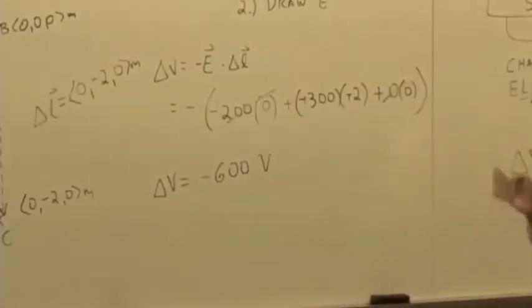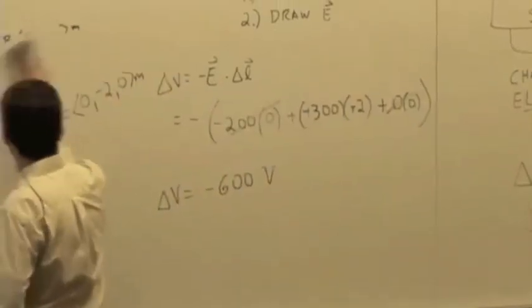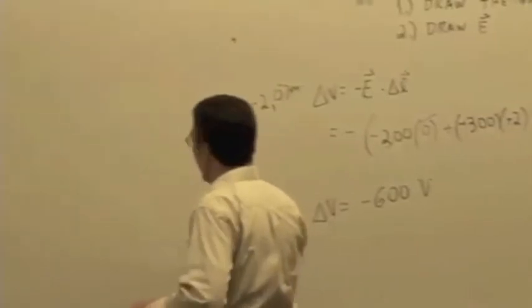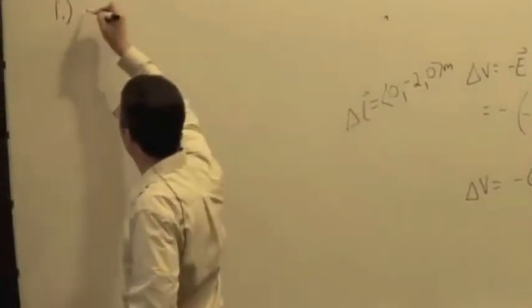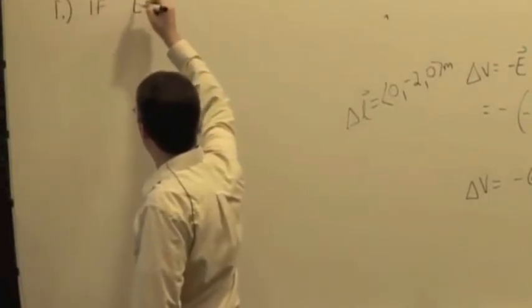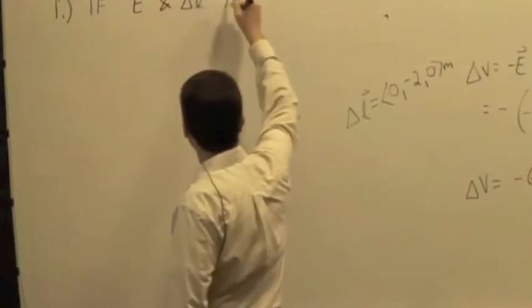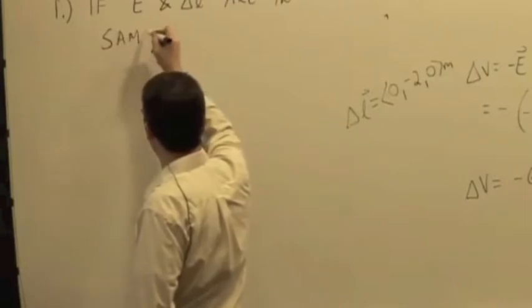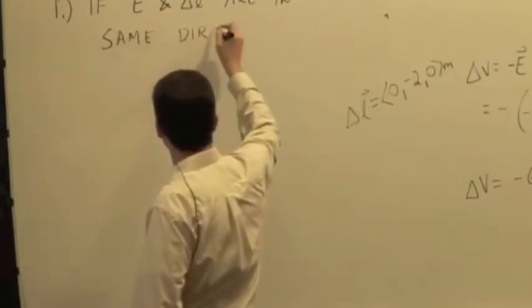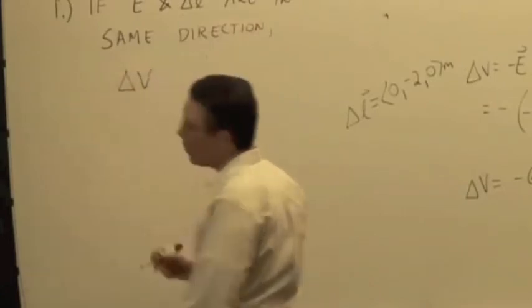All these little exercises actually point to some things we should keep in mind as we do these problems. First, if the electric field and the path vector are in the same direction, then what did we get for delta V?